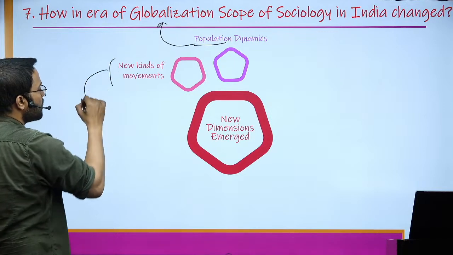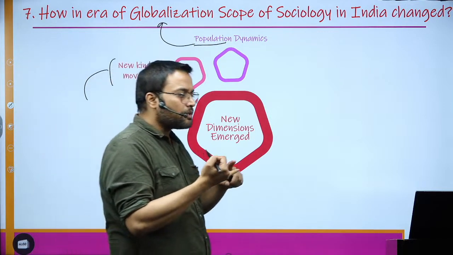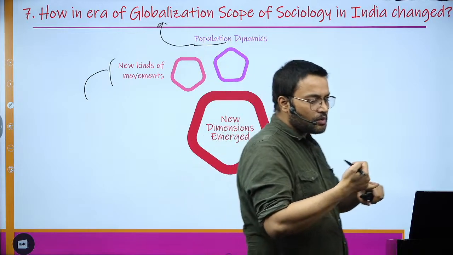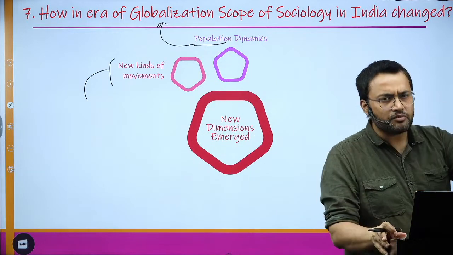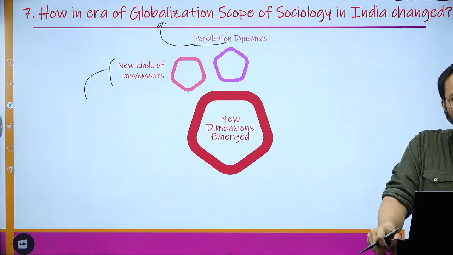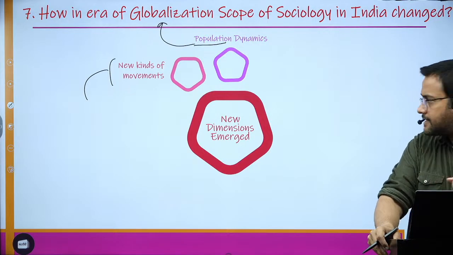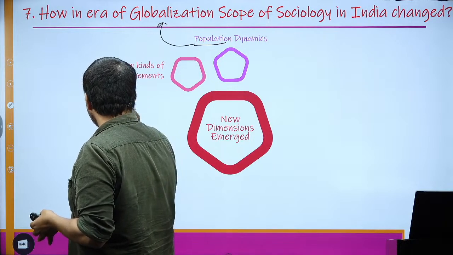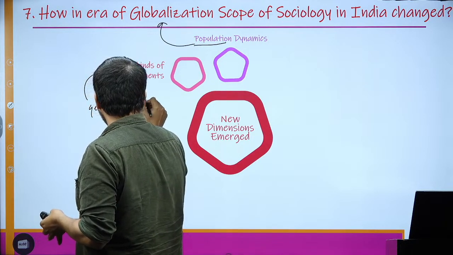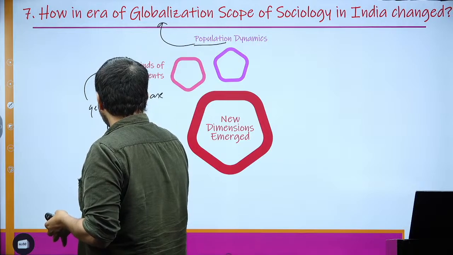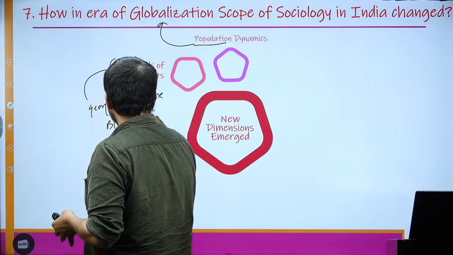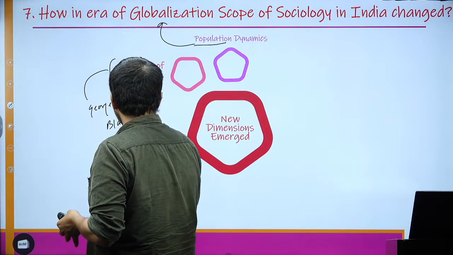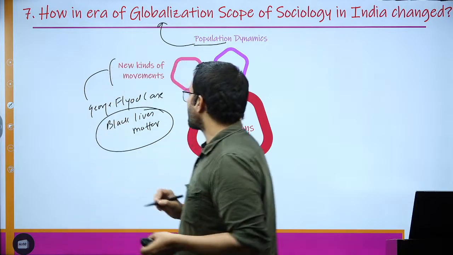Just like you can talk about women's movements, environmental movements, different kinds of movements, like the farmers' movement. You might remember the George Floyd case, that is the Black Lives Matter movement.